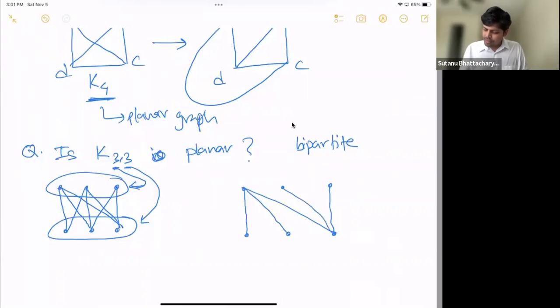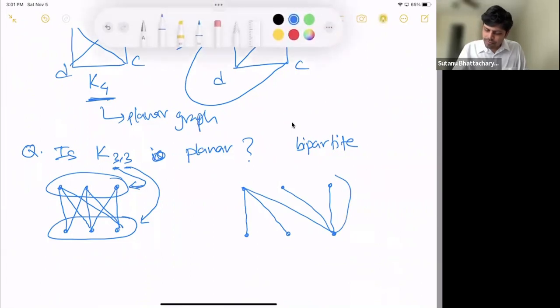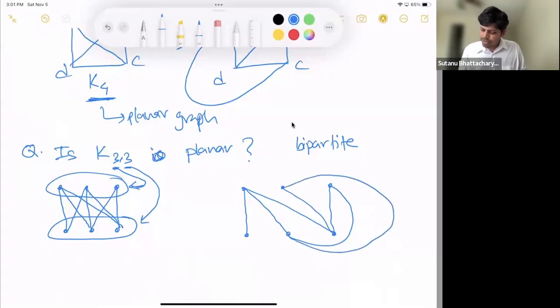Now this one is done, this one is done. Draw this one, draw this one, so it is also done.